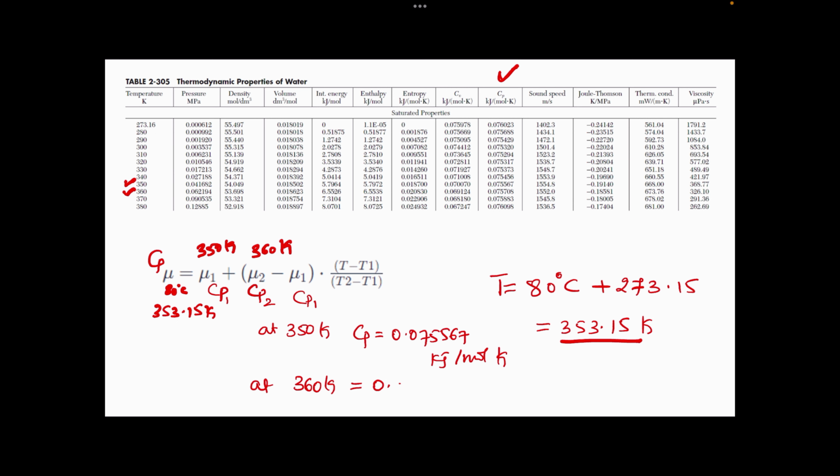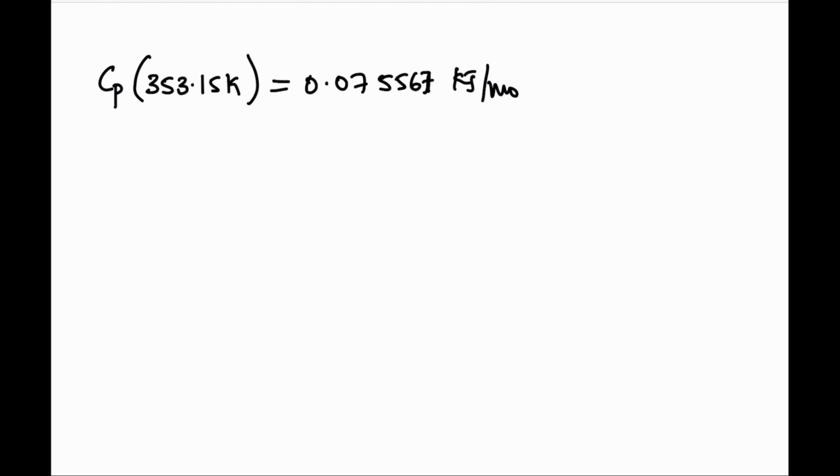So now we have two values. We can easily substitute into this particular formula, and let us see what value we are going to get. Cp at 353.15 Kelvin is equal to, at 350 Kelvin, that is 0.075567 kilojoule per mole Kelvin, plus temperature 353.15 minus T1, that is 350 Kelvin, divided by 360 Kelvin minus 350 Kelvin.